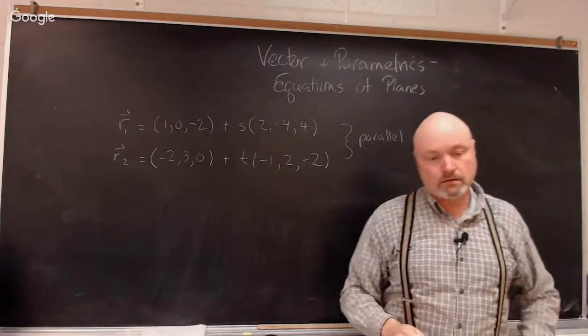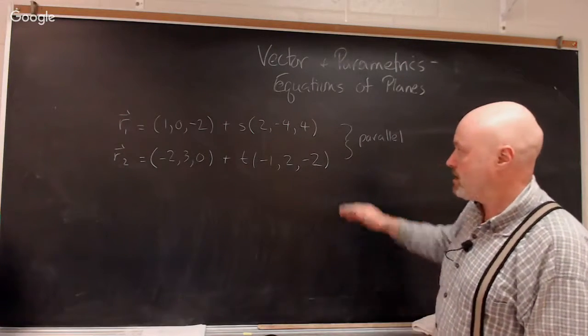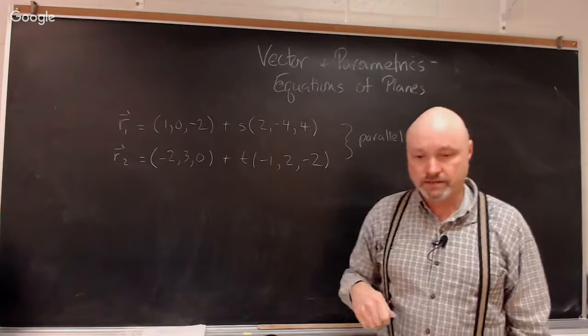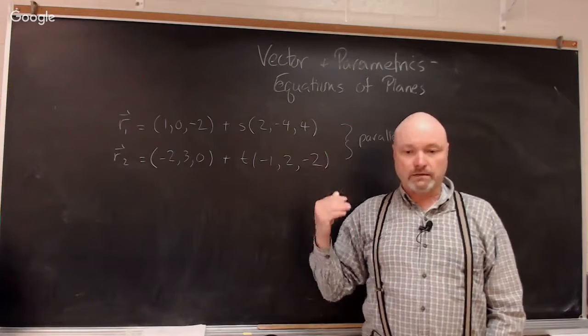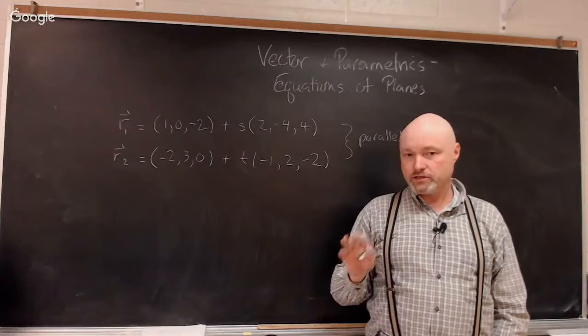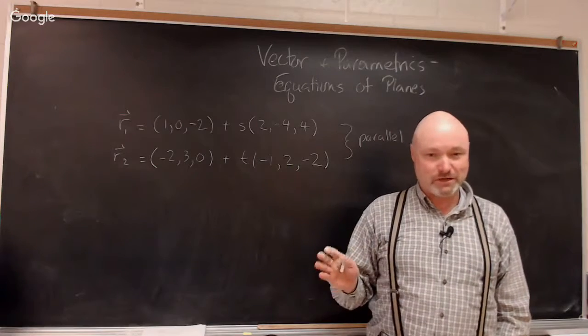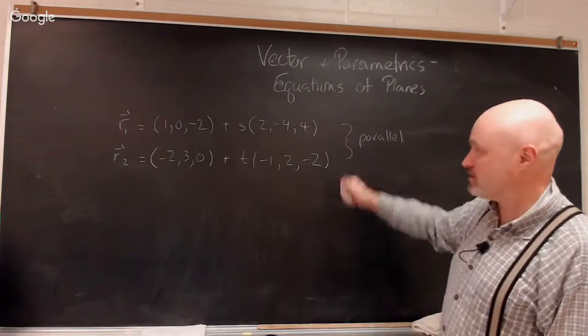Now, out of interest, we should stop here and talk about how you could tell that those lines are parallel. Lindsay's pointing. She knows how they're parallel. Okay, how could you tell that those are parallel?